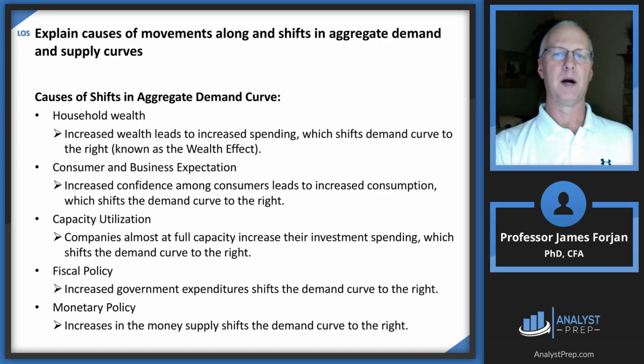And then monetary policy. I mean, this has been fascinating in the United States over the last 10 years. We had this whole thing about the Fed buying long-term bonds to raise the bond prices and lower those long-term bond yields to keep interest rates low. So those two are government influences on the aggregate demand curve.